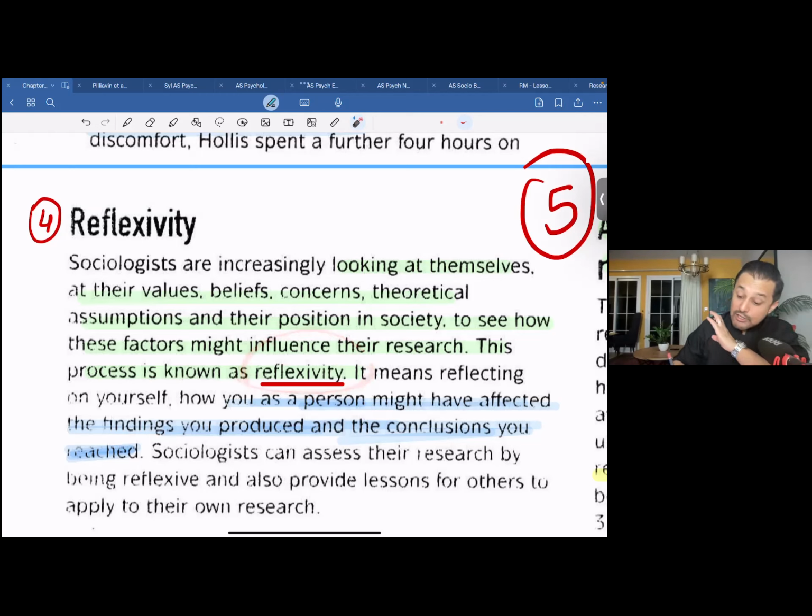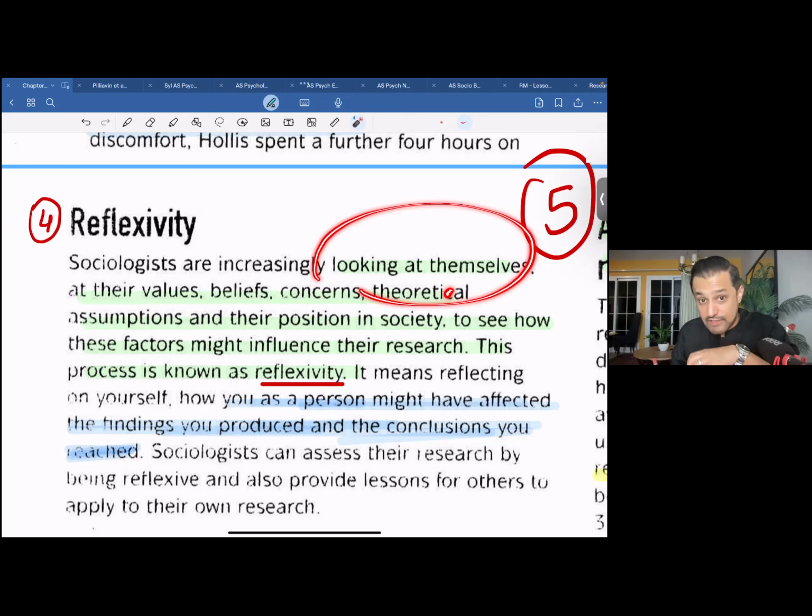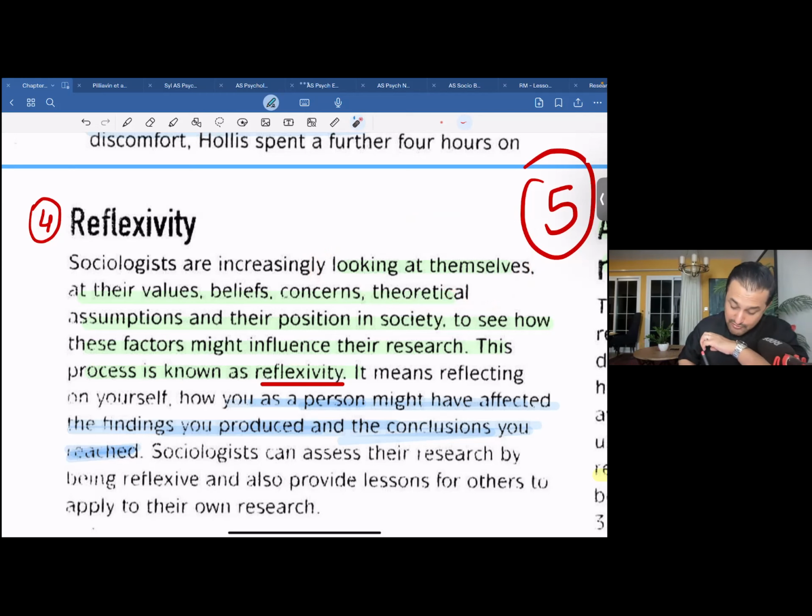What is reflexivity? The sociologist looking back at himself or herself to see how the research has been affected by all of these factors. It means reflecting on yourself, how you as a person might have affected the findings you produced and the conclusions you reached. Sociologists can assess their research by being reflexive and also provide lessons for others to apply to their own research.